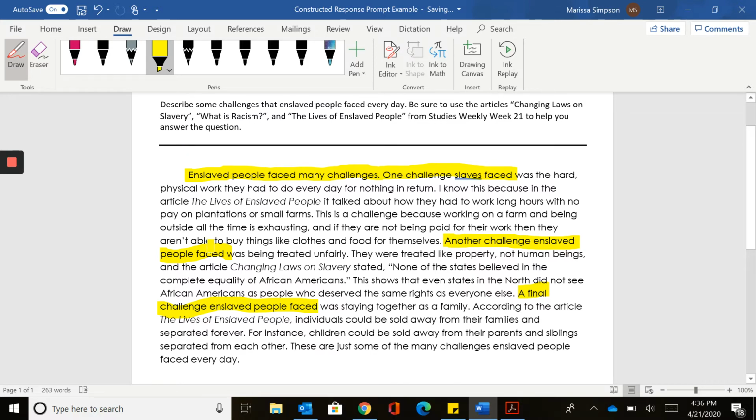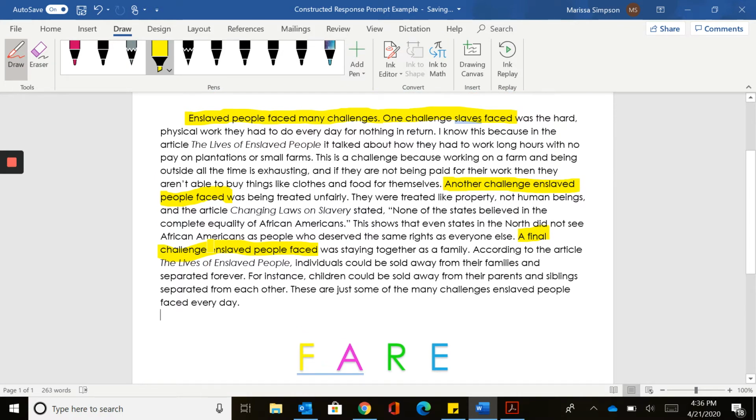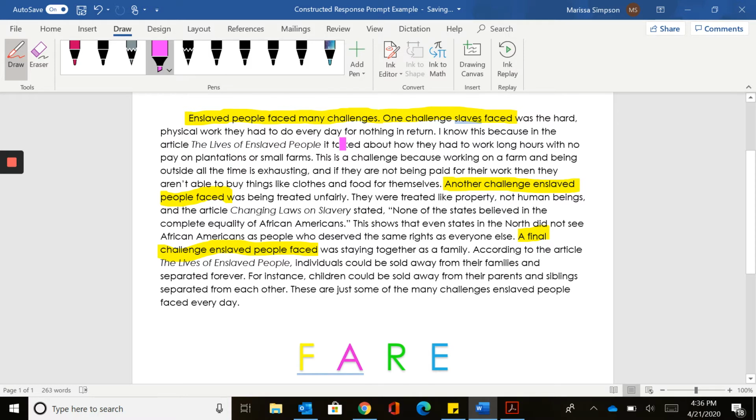So let's now change to my purple color to see where I was answering. So answering this question means I was telling some of the challenges because that's what it is asking me for. So let's look through my answer for that. So here's a challenge. They had to do hard physical work. They were treated unfairly.